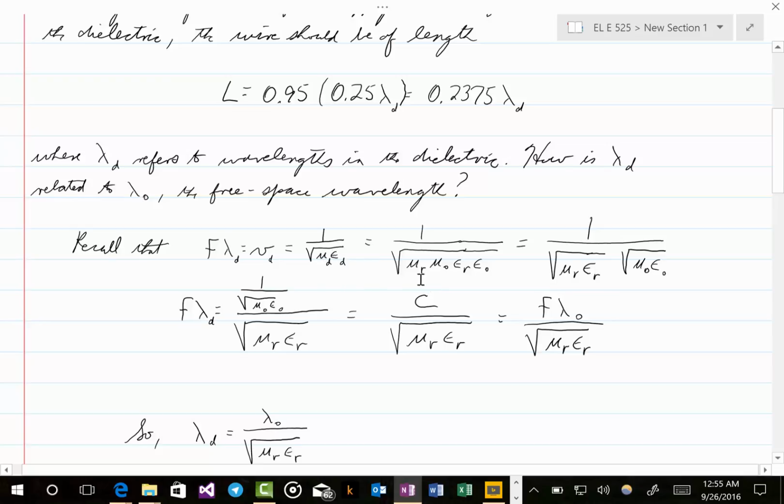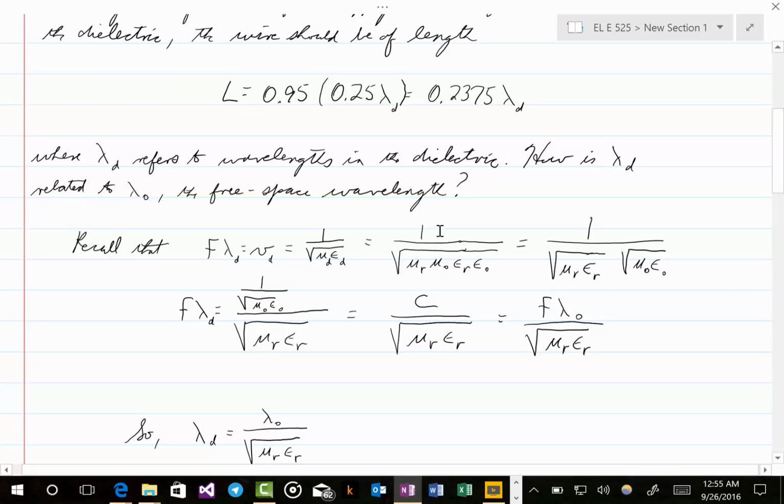Well, mu d is the same thing as mu r times mu naught, where mu r is the relative permeability of the medium, and mu naught is the permeability of free space. And epsilon d is the same thing as epsilon r times epsilon naught, where epsilon r is the relative permittivity of the dielectric medium, and epsilon naught is the permittivity of free space.